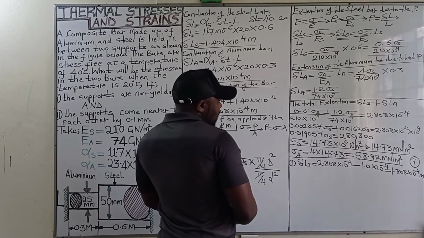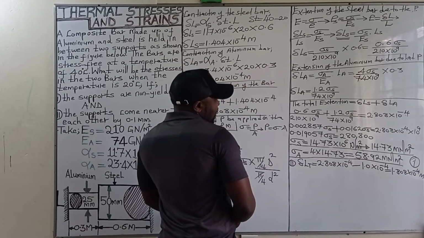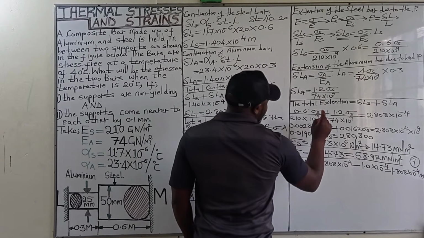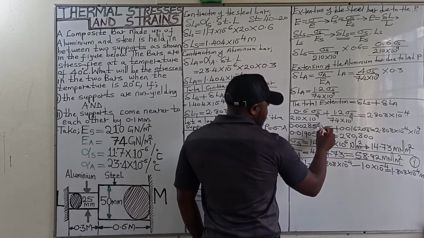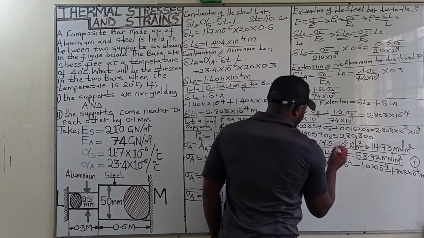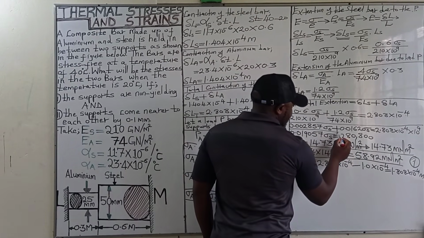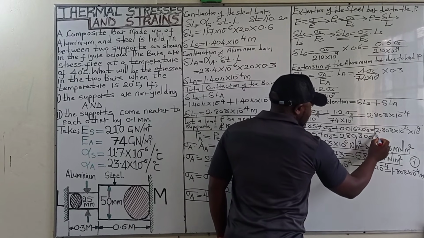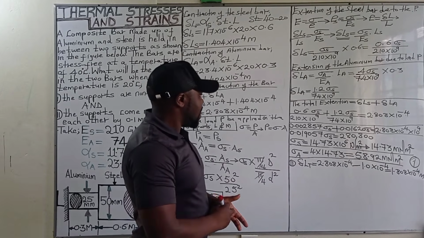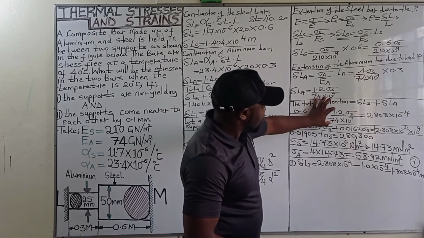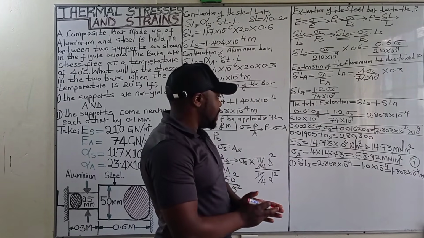Therefore, for the stresses in both steel and aluminium, let's use this part here because we are not going to have any major changes. The only thing that will change is the total extension. But these other values will remain the same.